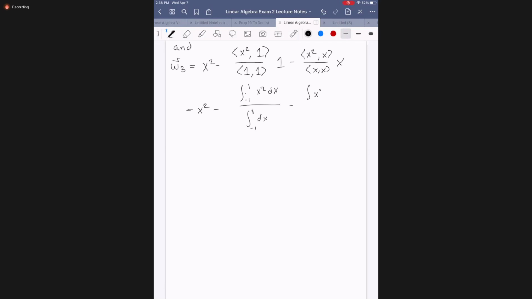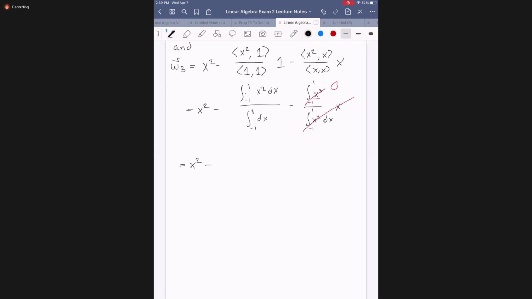This would be the integral of x cubed from -1 to 1 over the integral of x squared dx from -1 to 1, times x, right? Again, x cubed is an odd function on a symmetric interval, so it's just going to be 0 here. So you don't have to worry about this thing anymore.